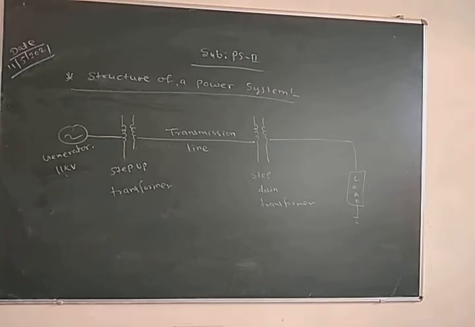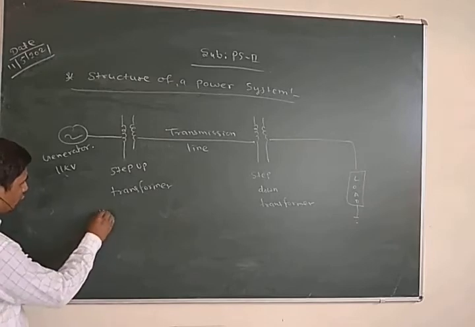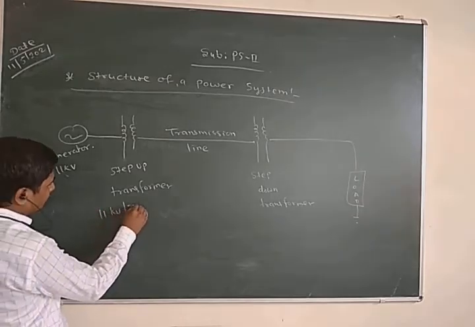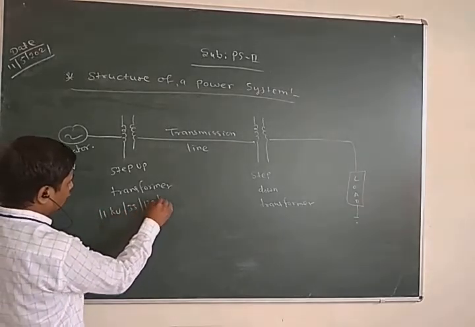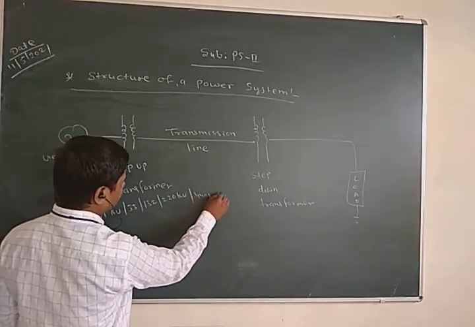So the generator generates electricity at 11 kV. Now this 11 kV is stepped up with the help of the step up transformer up to 33/132/220 kV/440 kV.